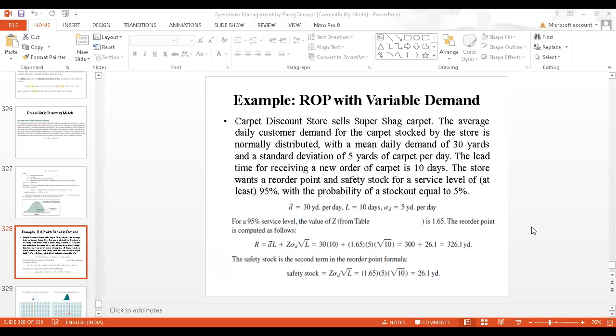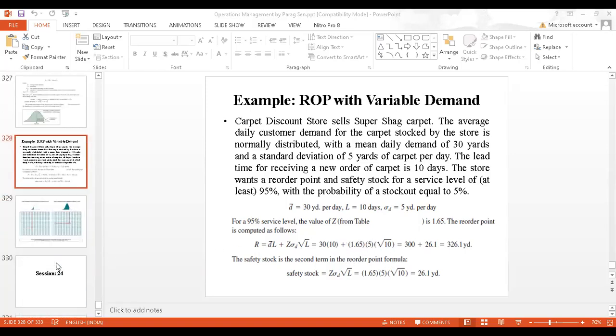Okay. Now, interesting to note here that at 95% service level, the Z value is 1.65. It is 1.65 because you are considering a one tail test here. It is not a two tail test.